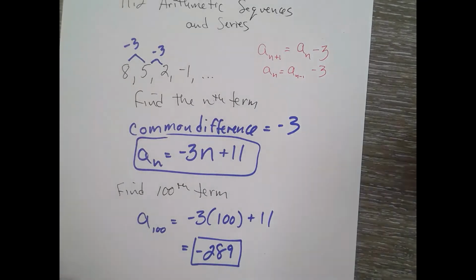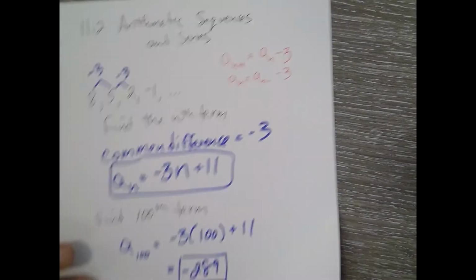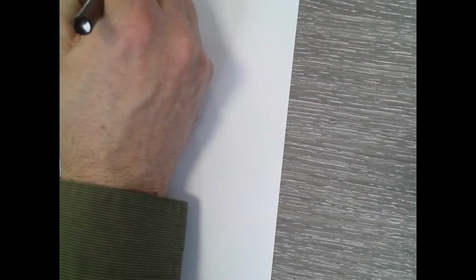Alright, so let's say you have, I'm going to make one up here. Let's say we have a sub 2 equals 17 and a sub 5 equals 26.